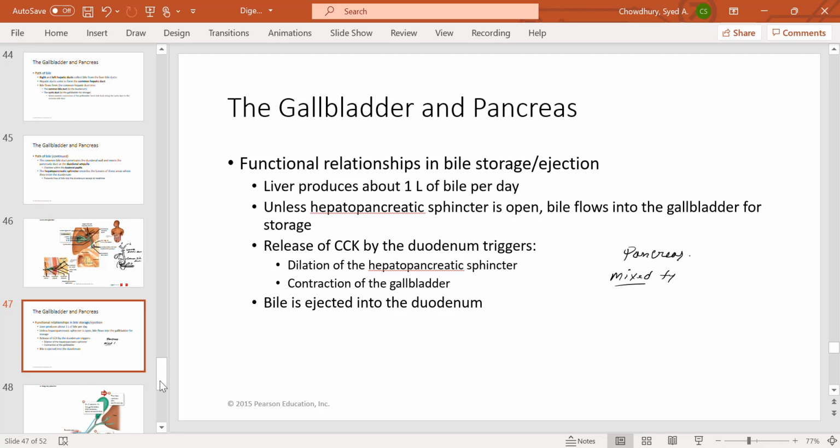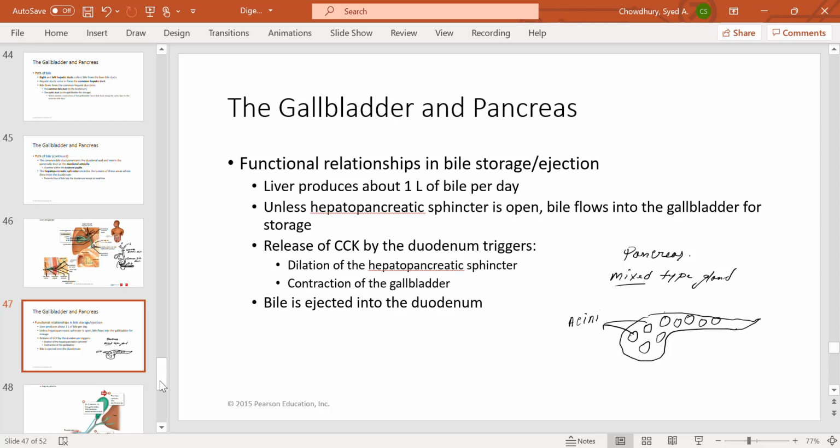Why? Because the pancreas, if you see, inside the pancreas you have both exocrine and endocrine cells. The exocrine parts are responsible for pancreatic juice production. So exocrine parts are called acini, pancreatic acini.